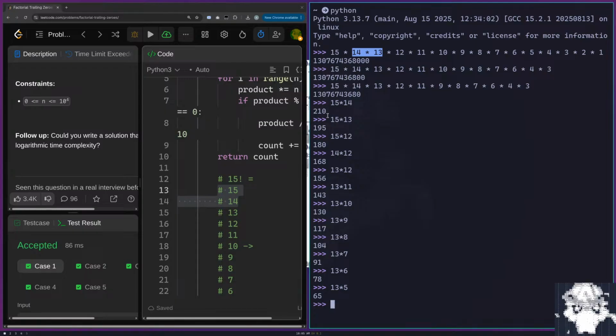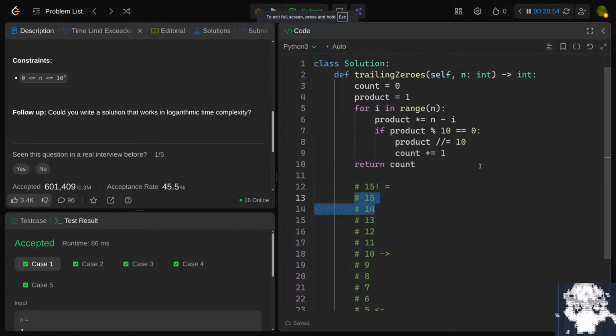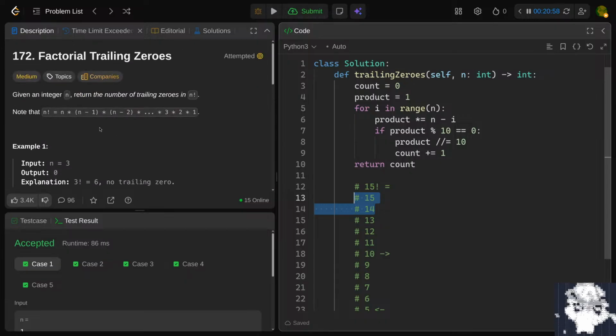Fifteen times 14 is the same as 21 times 10. 15 times 12 is the same as 18 times 10. But how could you know? How do you know that without having to go through all of the factors?